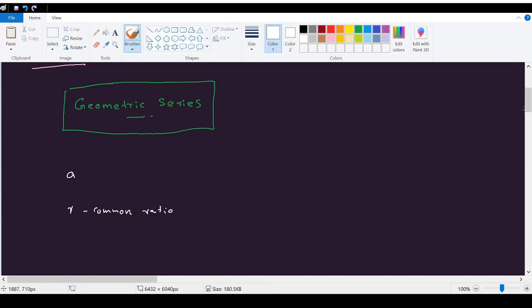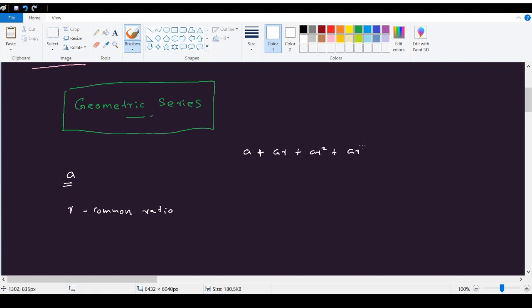The way we construct the geometric series is we start with the starting term, and then we multiply it with the given common ratio and write the next term. Then we multiply the second term with the common ratio and write the third term.